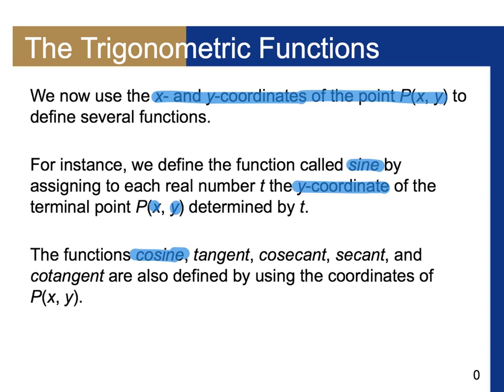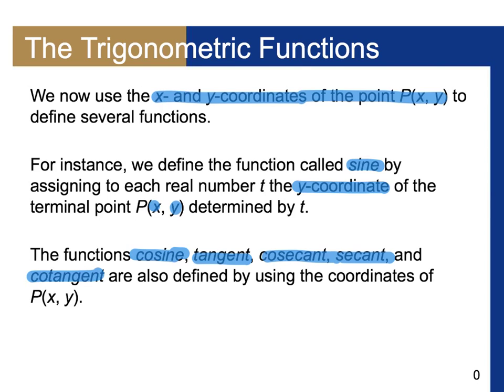And then the other functions are all defined just using different ratios or reciprocals of sine and cosine. So really we're going to focus our study for this section on sine and cosine, but we're also going to look at tangent, cosecant, secant, and cotangent, but they all come directly from sine and cosine.